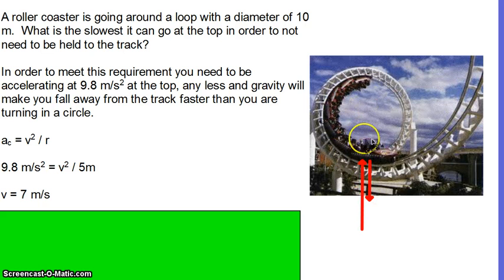But let's say you are going the same speed, your normal force has to not only counteract the weight, but it also has to provide the centripetal force upwards, and so you would feel like you are at double your normal weight at the bottom of this.